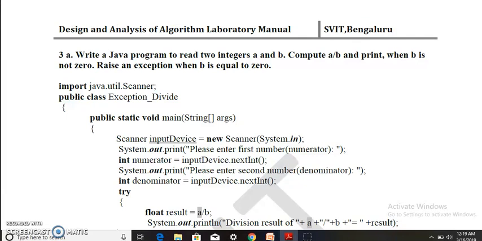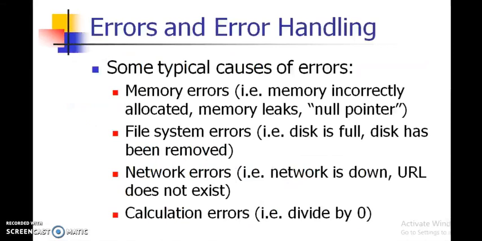Let us look at some of the runtime errors that might occur during execution, and the typical causes for the errors to occur, as follows. Memory errors, that is memory incorrectly allocated, memory leak, accessing a null pointer.